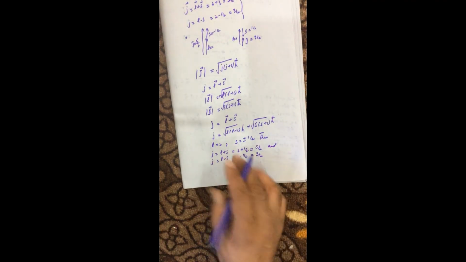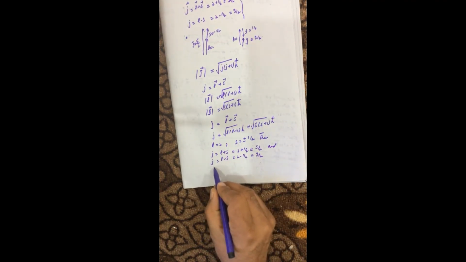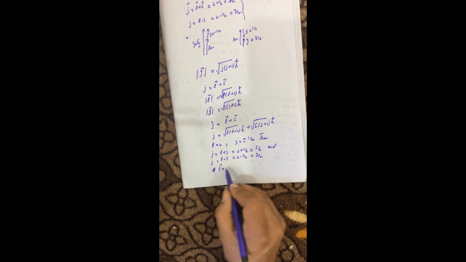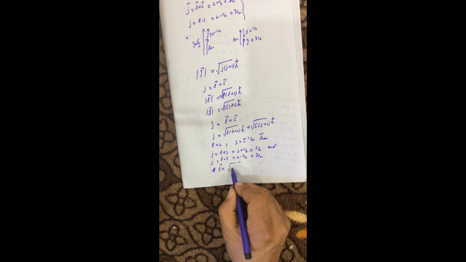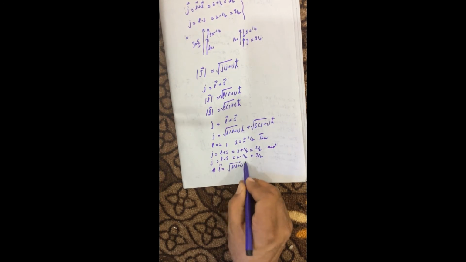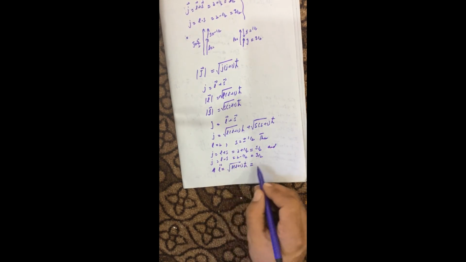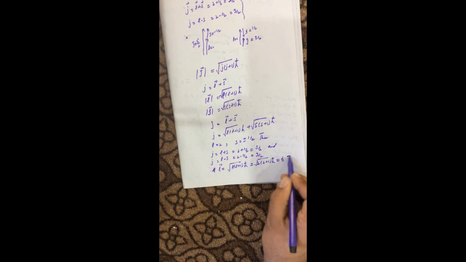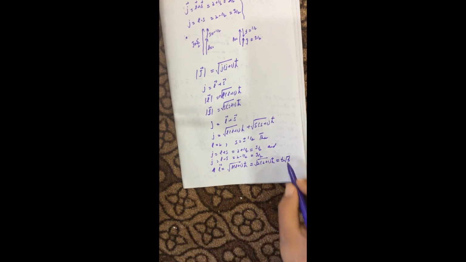Now the wave mechanical values of J. From this we get L, which is equal to the square root of L into L plus 1 times h bar. So this is equal to the square root of 2 into 2 plus 1, times h bar, which is equal to square root 6 h bar.